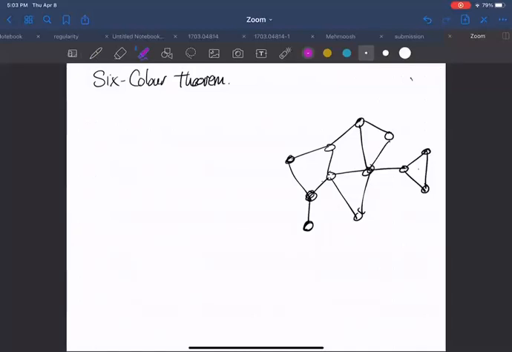Okay, so all that to say, something people like to do with graphs and maps is to color them. And to color a graph means that you put some colors on the vertices with a restriction that you're not allowed to put two vertices the same color if there's an edge between them.